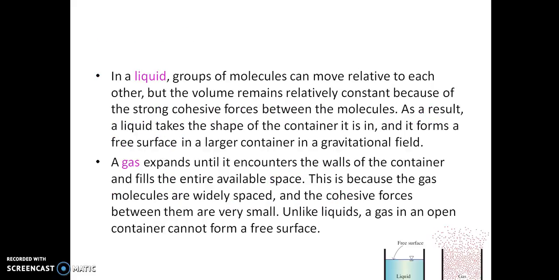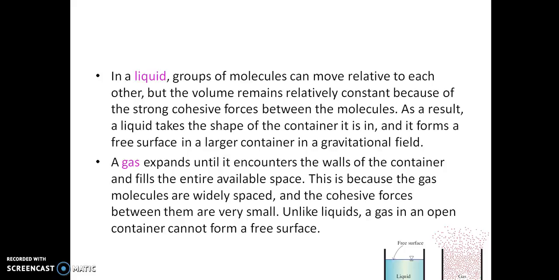In a liquid, groups of molecules can move relative to each other, but the volume remains relatively constant because of the strong cohesive forces between the molecules. As a result, a liquid takes the shape of the container it is in, and it forms a free surface in a larger container in a gravitational field.